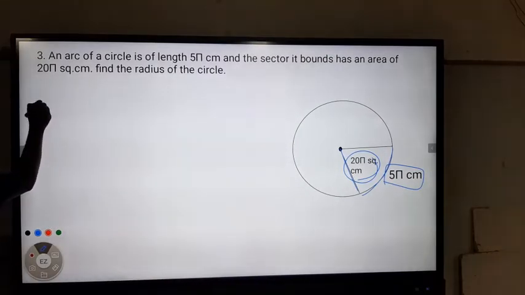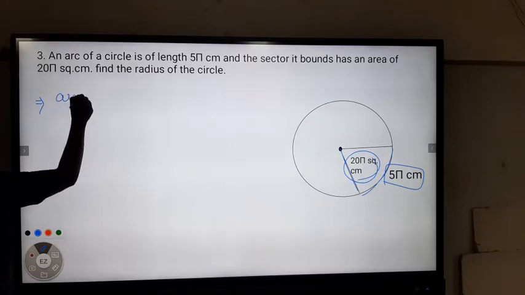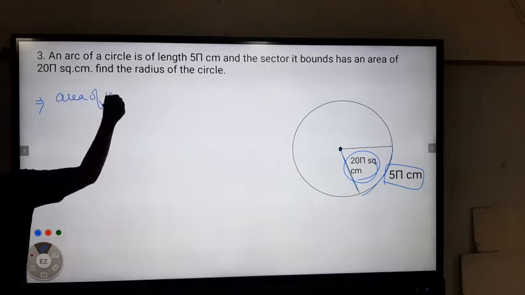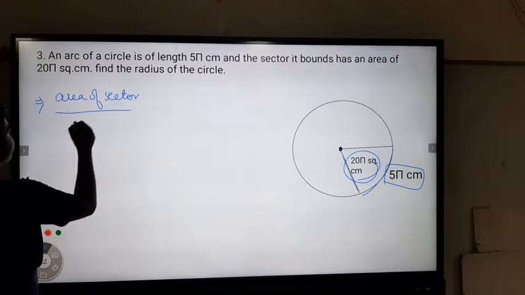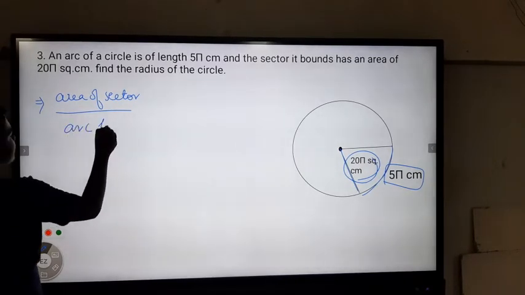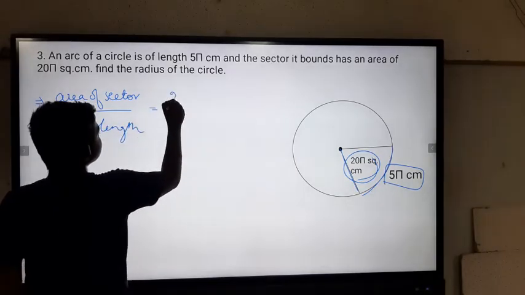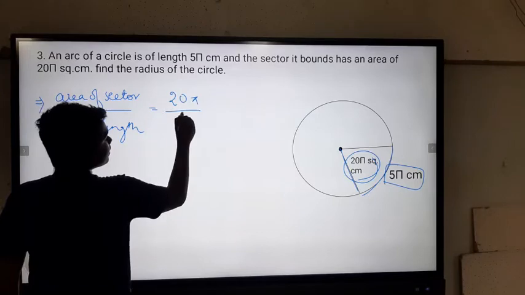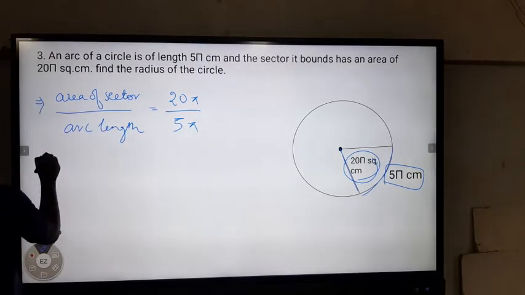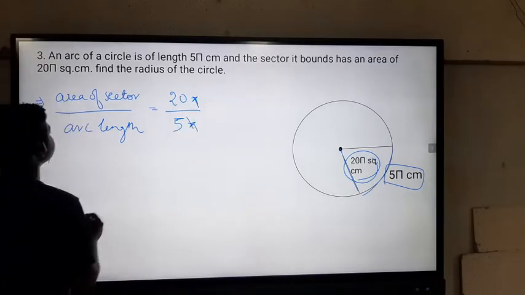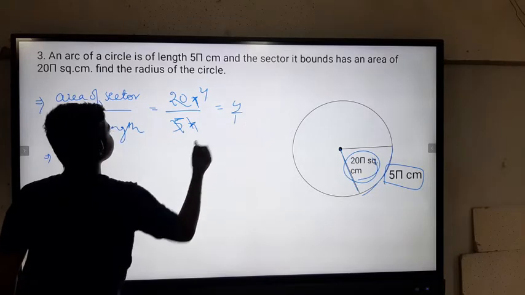So we can take the area of the sector by the arc length equals 20 pi by 5 pi. Then pi will get cancelled and 5 fours are 20. It will become 4 by 1.